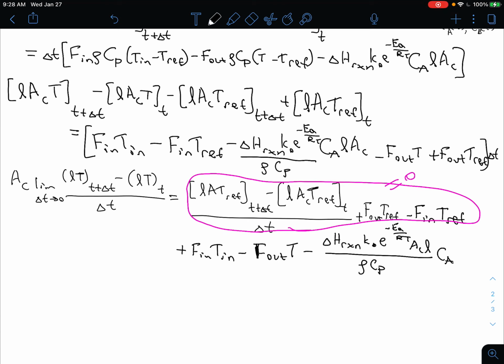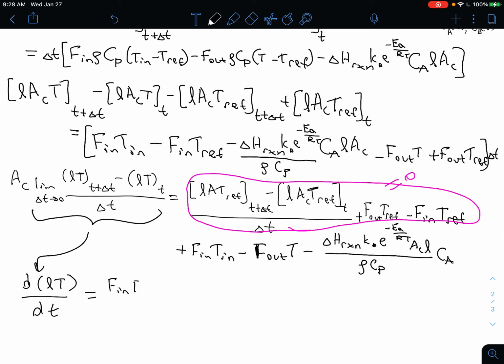Okay, so this comes out to d(LT)/dt, and I'm going to divide through by A_c.